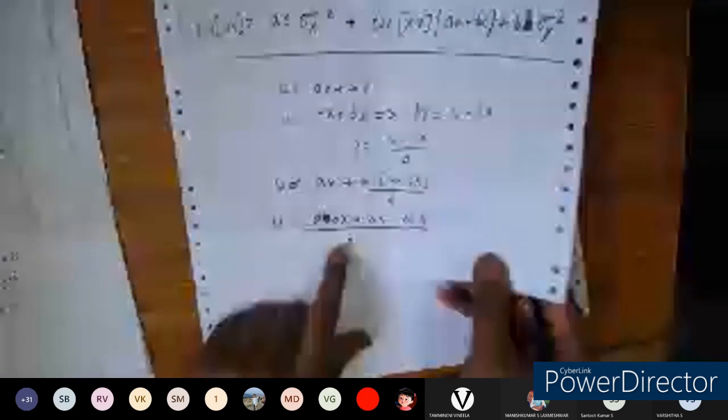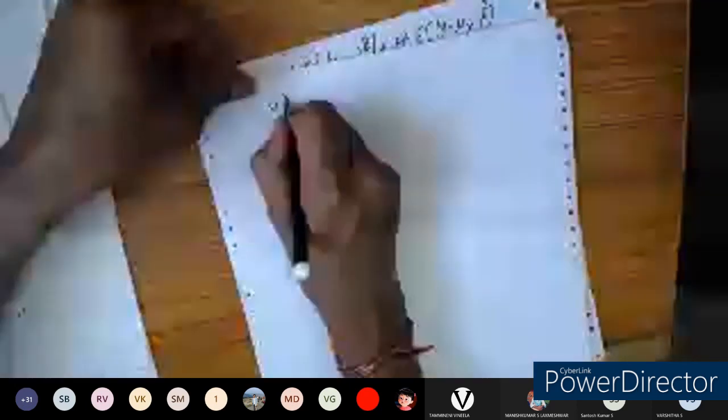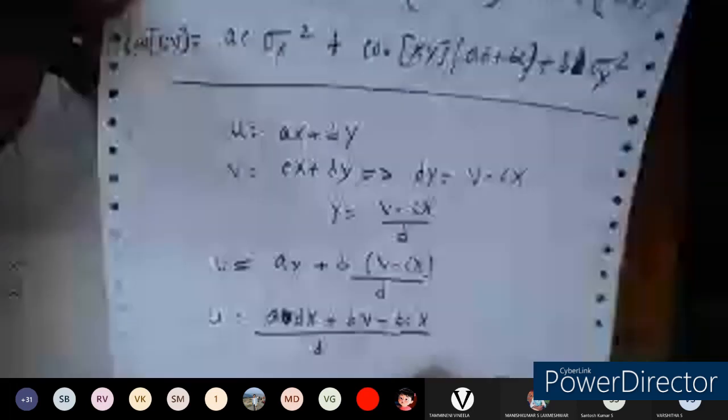If I segregate here, I'll write on the next page. So u into d is equal to, taking x, ad minus bc into x, plus b into v. Let us separate the x terms here.